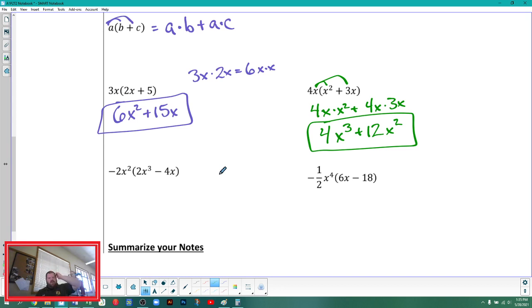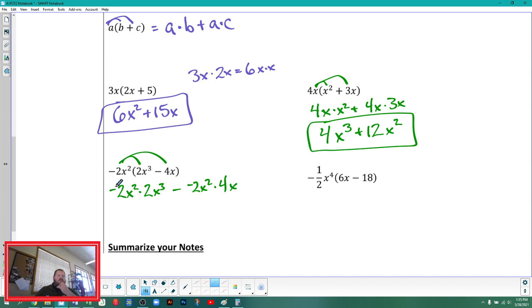The next one that we have is going to distribute a negative 2x squared. And so this is going to be negative 2x squared times 2x cubed minus negative 2x squared times 4x. So we're going to continually add to this multiplying x's conversation.